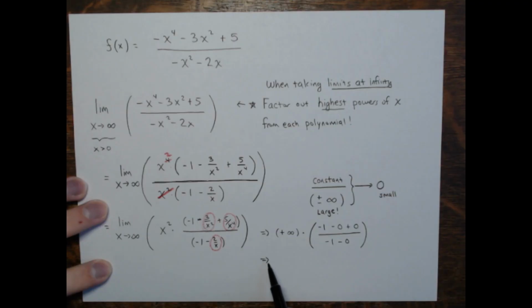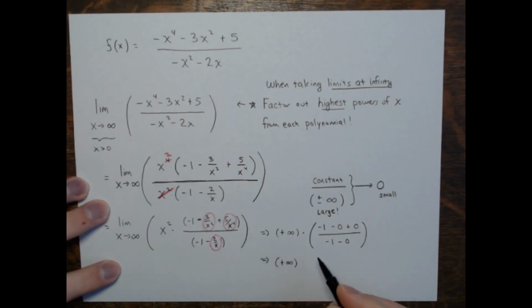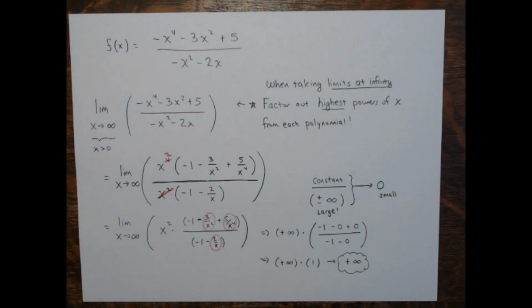So we have this expression approaching positive infinity for the x squared factor, times -1 over -1, which is +1. So you have a positive times a positive. So this is still approaching positive infinity. There's my limit.